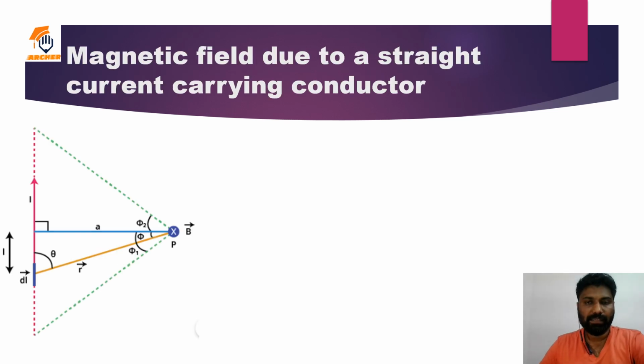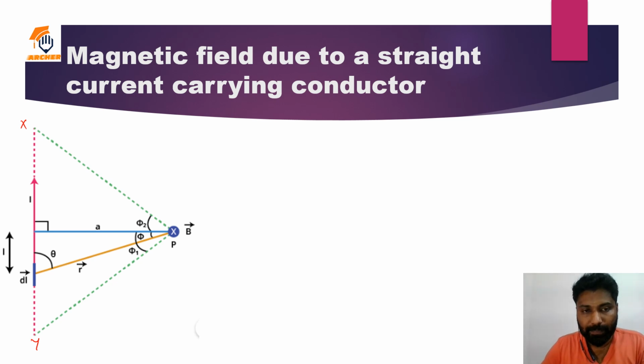Our first application is magnetic field due to a straight current carrying conductor. Here we have an infinitely long straight current carrying conductor. We can name it as XY. We need to find the magnetic field at a point P perpendicular from the conductor.